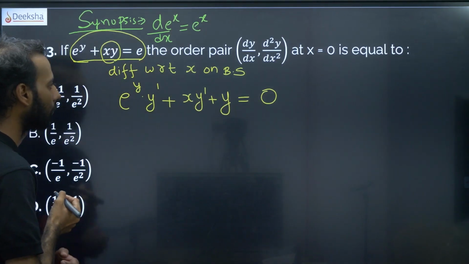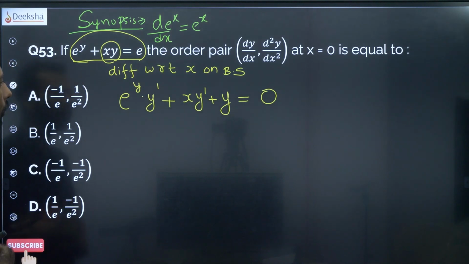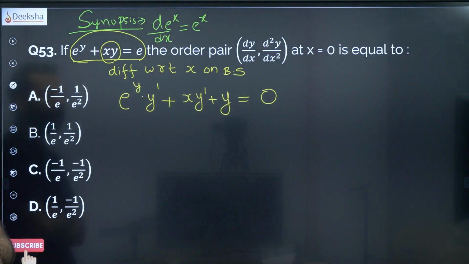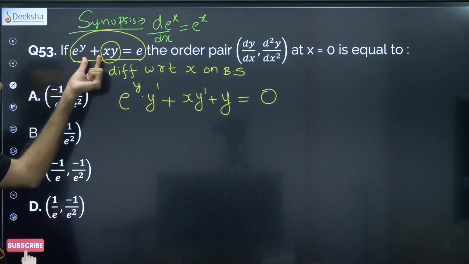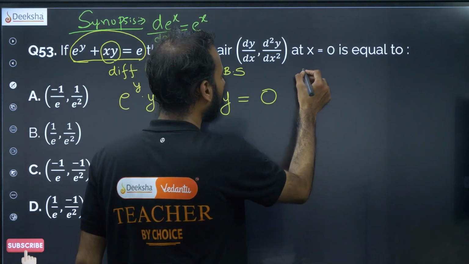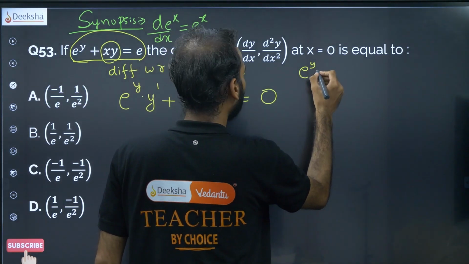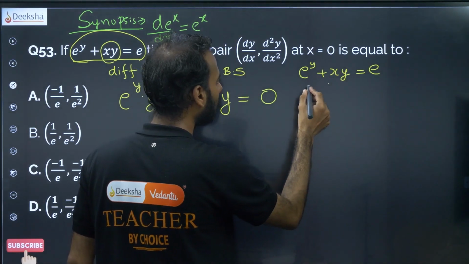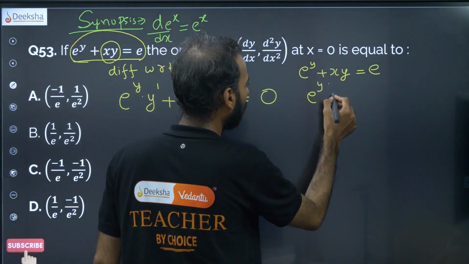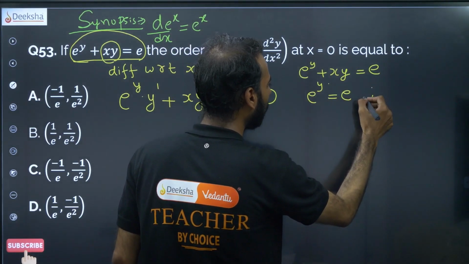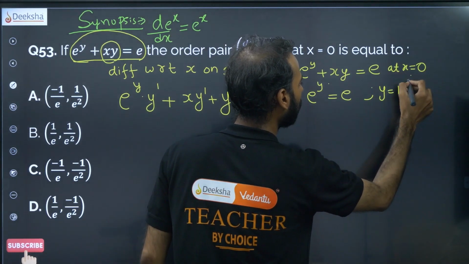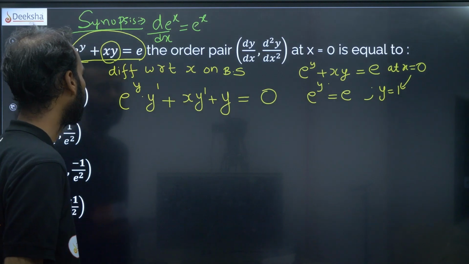Differentiation of constant is 0. At x equal to 0, if I substitute into the equation e raised to y plus xy is equal to e, e raised to y is equal to e. That means y is equal to 1. At x equal to 0, y is equal to 1.